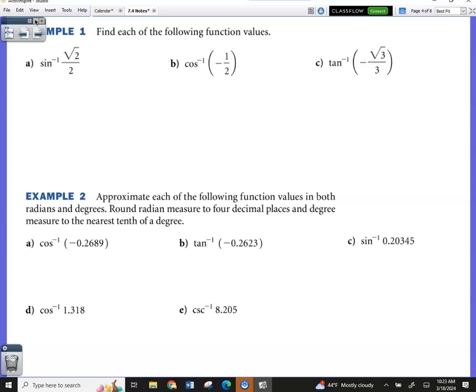Your pencil should be at 5 pi over 6, and you should be on which one? Sine is the y, right? Which is 1/2.